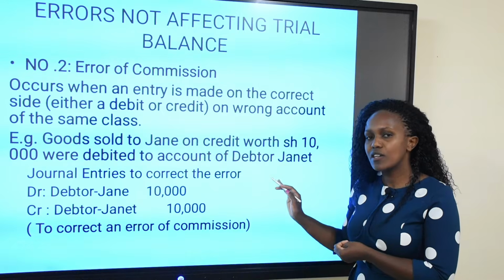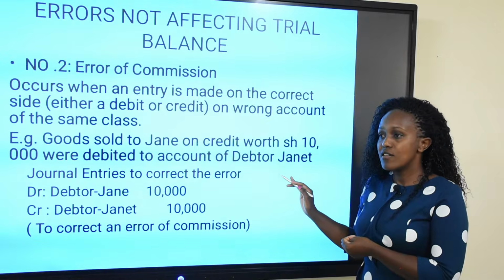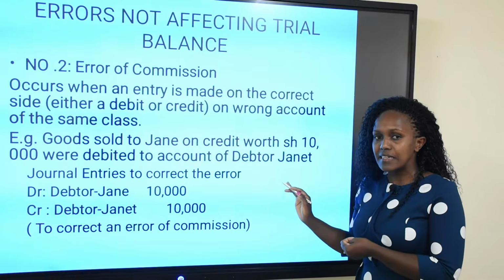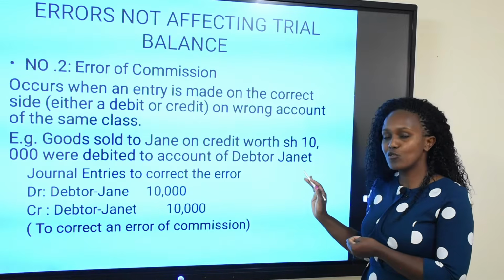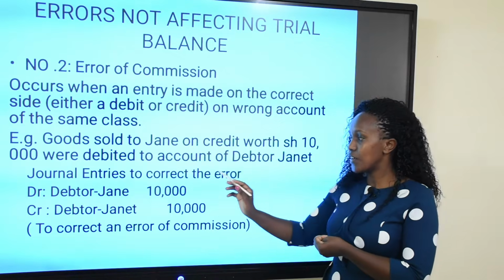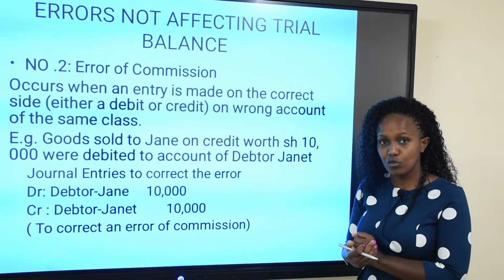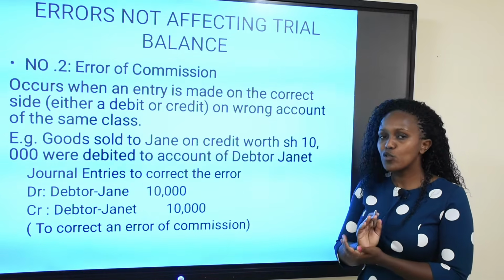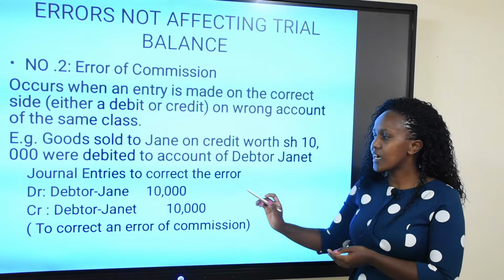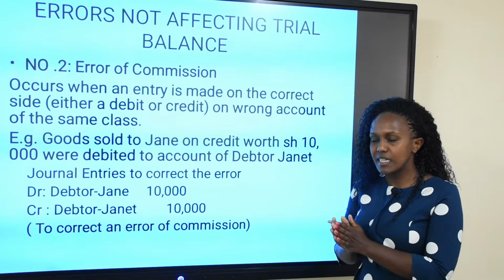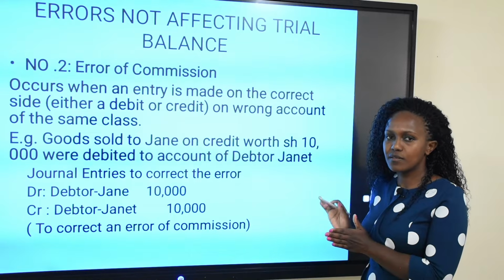Now we need to pass a journal entry to correct this error. First of all, to do the right thing that we were supposed to do was to debit debtor Jane. That is what we are going to do, the right thing first. So the first thing to do is to debit debtor Jane with 10,000. That is to do the right thing that was not done. And then we are going to correct the wrong thing that had been done. Since the account of debtor Janet was debited here by mistake, we have to credit it.